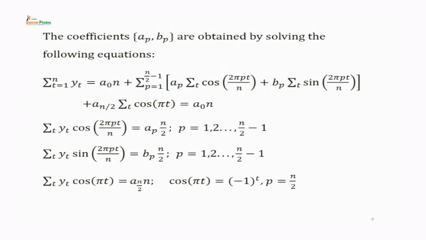Now, we make use of the results which I presented in the first slide. So, this summation is equal to 0, this summation is equal to 0, and this summation is also equal to 0. So, finally, you obtain summation y t is equal to a naught n.